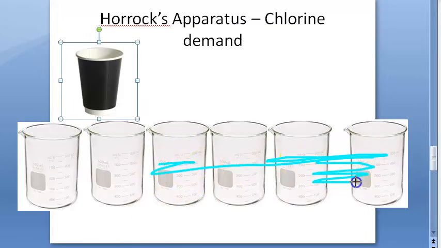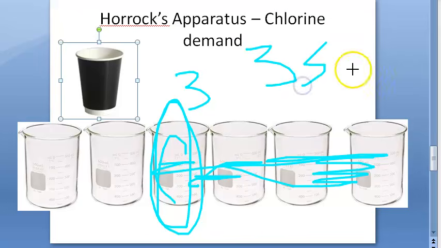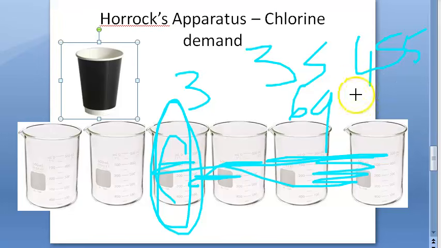That means everything after it will anyway show blue color. So if this is the first cup to show blue color, and this is the third cup, that means 3 spoons are required for 455 liters. Okay. So that means 6 gram of bleaching powder would be required to disinfect 455 liters of the water.